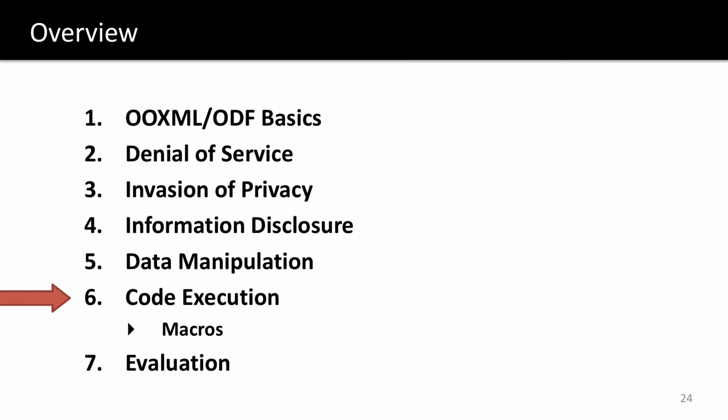The last attack class is code execution based on malicious documents, which is naturally done using macros. As you would expect, the execution of macros is disabled by default, and the user has to explicitly enable them in both Microsoft Office and LibreOffice.